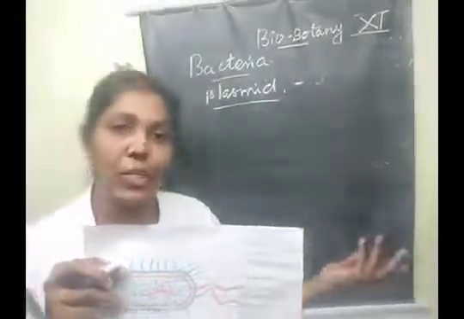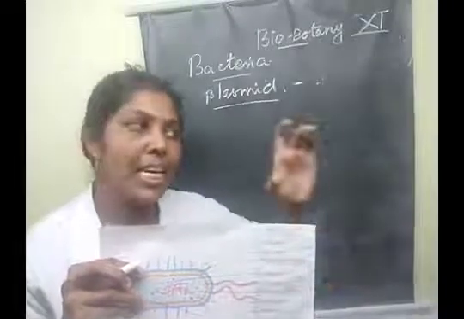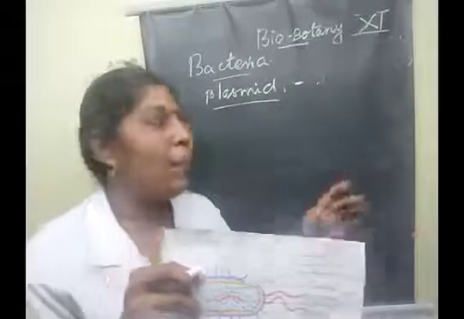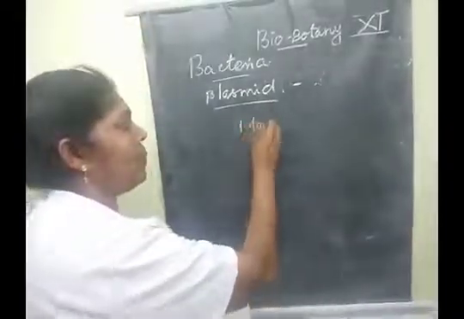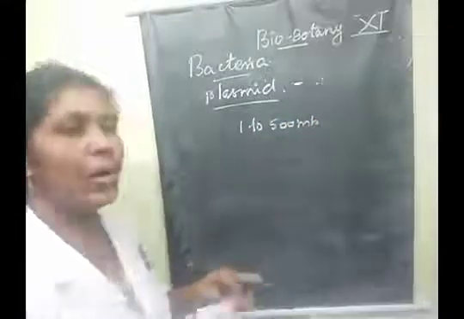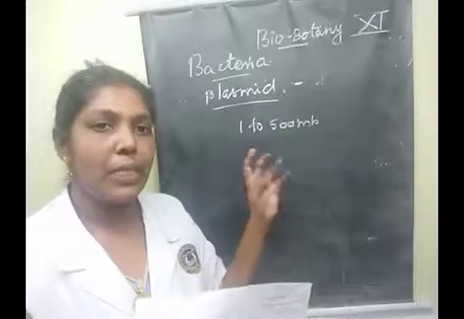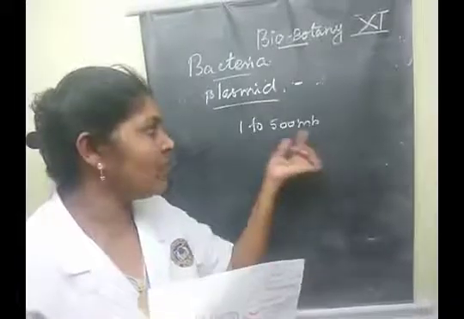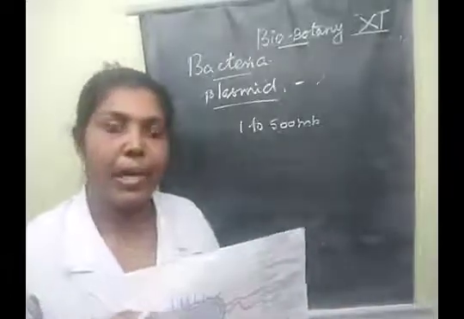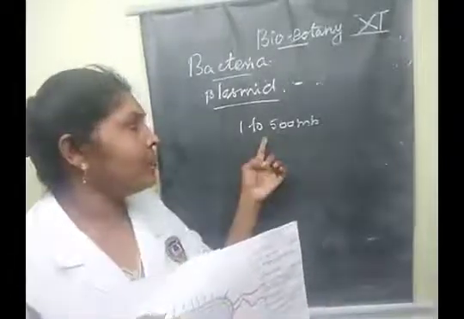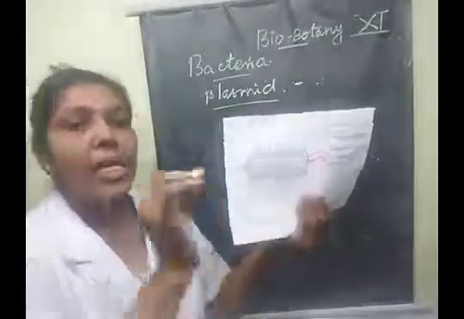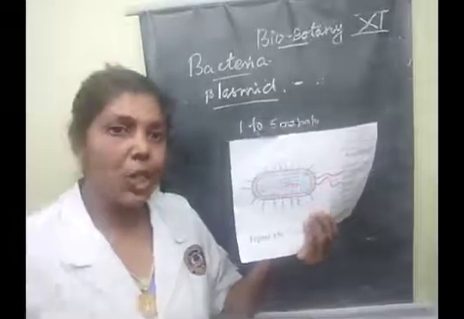The size of plasmids varies from 1 to 500 megabytes. Clear? Yes.